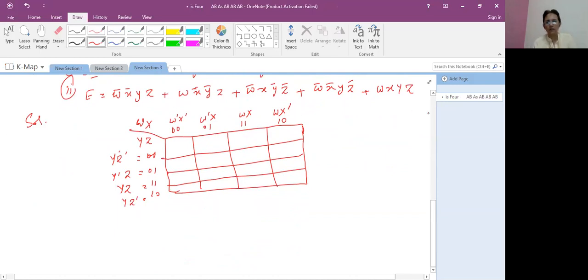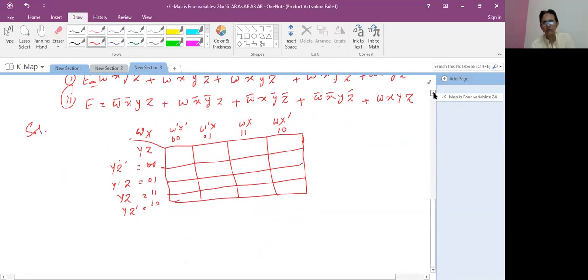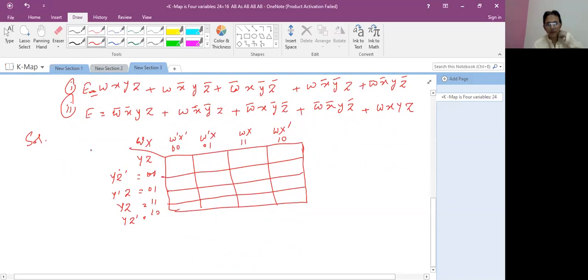So student, when we consider the first Boolean expression WXYZ, it means WXYZ. So this cell is the first one. Now the second entry, WX and Z complement. It means X complemented and Z complemented, but Y is not.